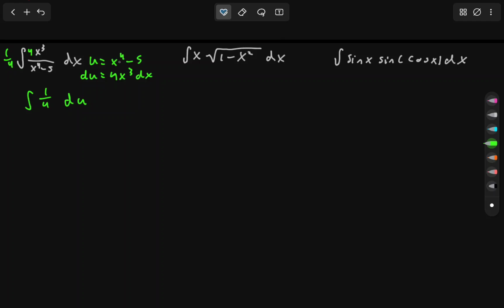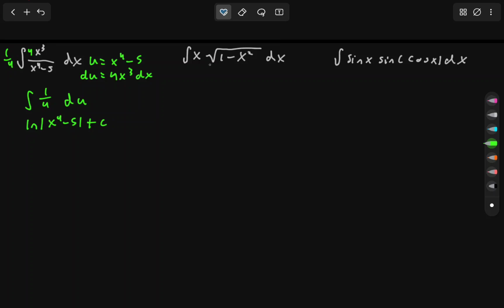As we just had to say that x to the 4th minus 5 is our u, and we're integrating with respect to u. We know that this is going to be the natural log of the absolute value of u, which in this case is x to the 4th minus 5, plus our constant c.